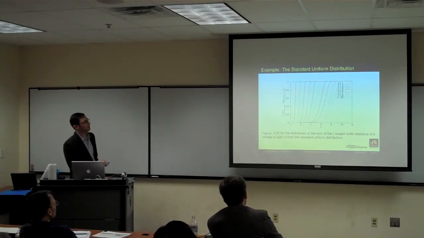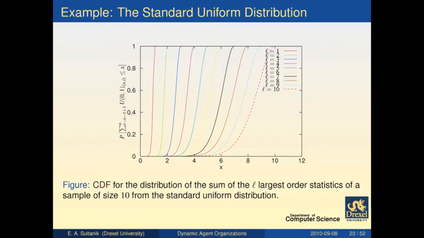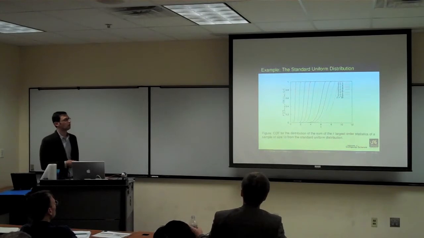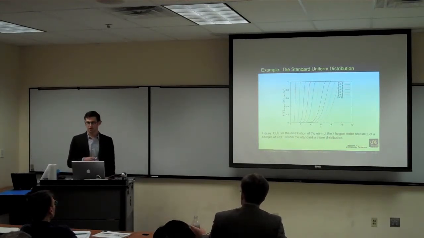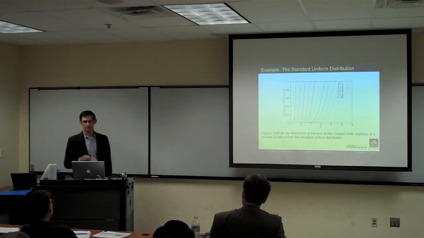Now the thing to take away here is that even for large values of L, the gradient of these functions approaches 1 very steeply, which means that the variance of the Z distribution is relatively low.